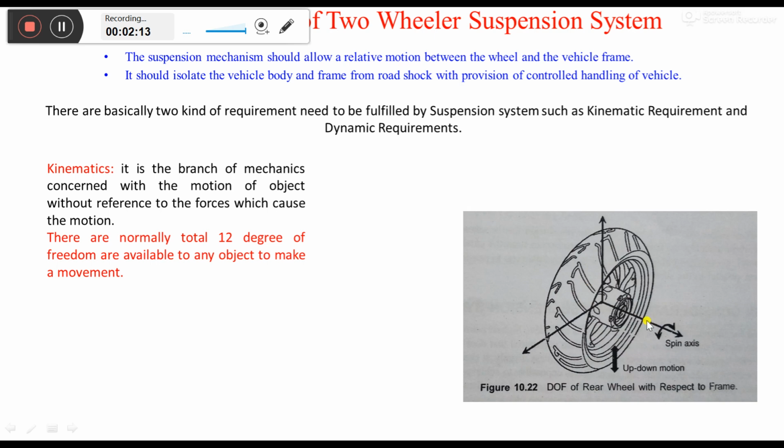So these are a total of 6 degrees of freedom in the case of angular motion.